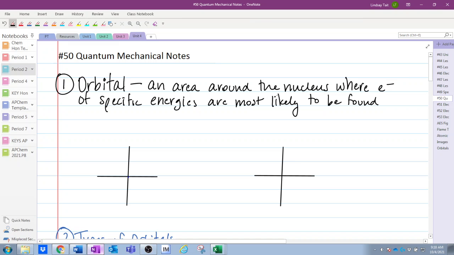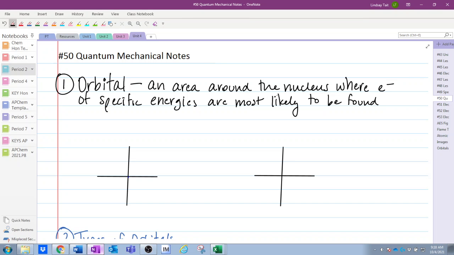So an orbital is an area around the nucleus where electrons of specific energies are most likely to be found. It is three-dimensional, so we have to take our 2D stuff that we're putting on paper and think in 3 dimensions. It's nothing physical. It's just what equations tell us: hey, the electron is probably going to be in this area, but it's not like there's actually a balloon around that area that the electron is inside of.